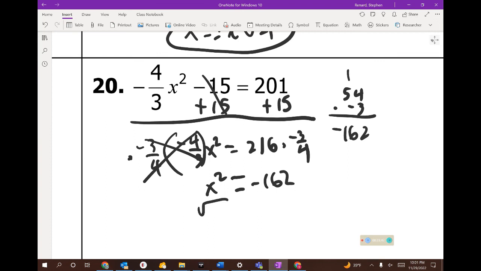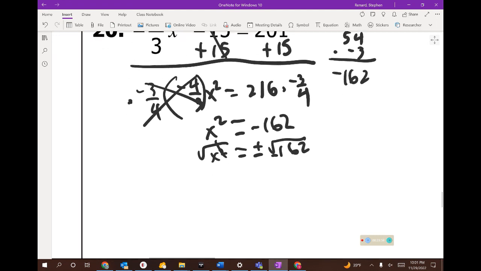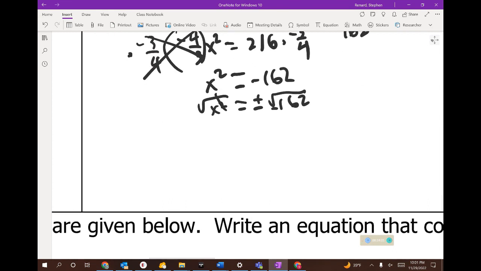We then take the square root of both sides. Again, the reason we do this is to get rid of that square. And then we're taking the square root of negative 162. Can't forget that negative.